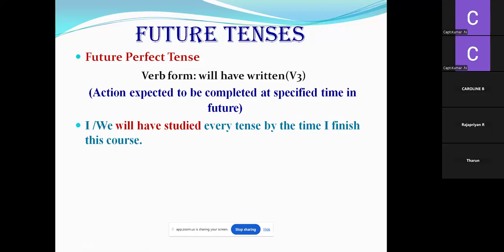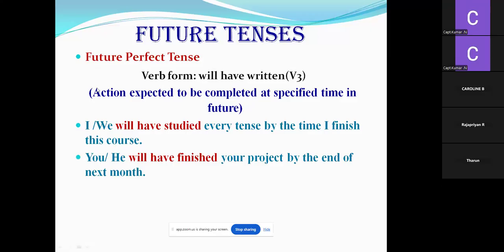For example, we will have studied every tense by the time I finish this course. He will have finished your project by the end of the next month. I will have been here for 6 months on June 23rd.